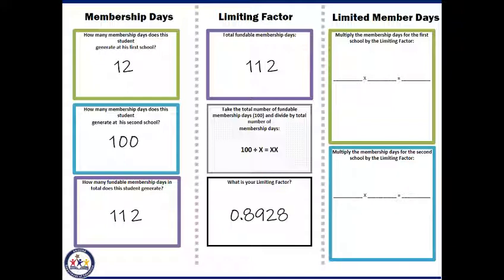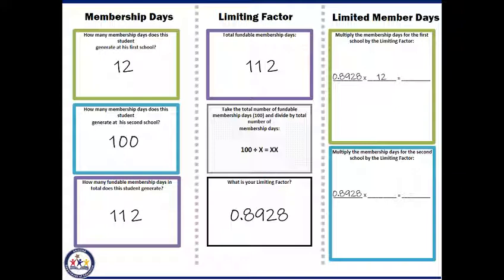So we're going to plug that in there. To determine the ADM that this student generates for each one of these schools, so that we're dividing it up evenly, 0.8928 is the number that we're going to use for both. We're going to plug that in for Chandler, the green box, and plug that in for Mesa, the bluish box.